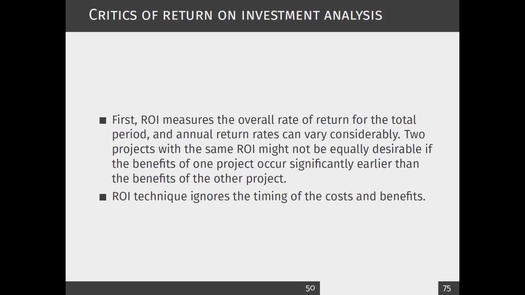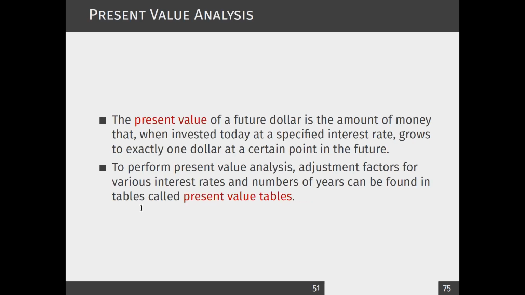So what if you think about the timing as well? Because ROI will not consider the timing of the cost and benefits. It ignores that. So we use our last one, present value analysis, right?